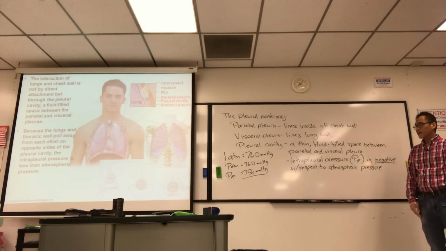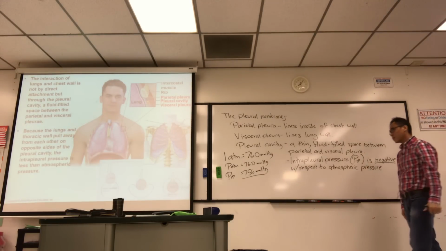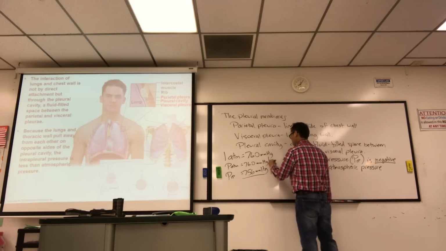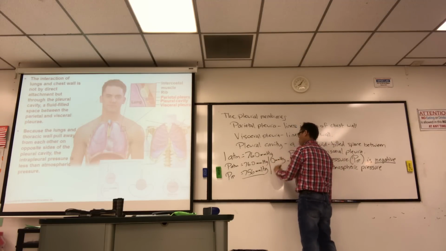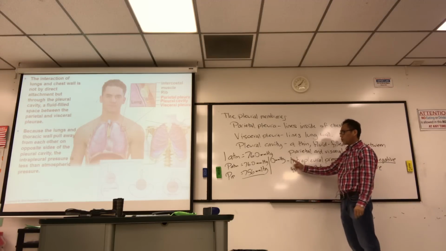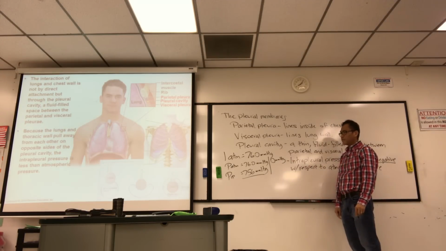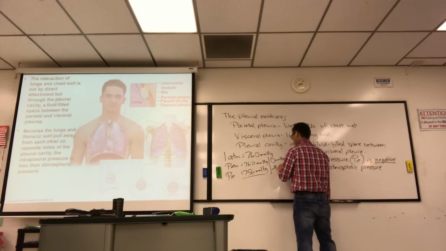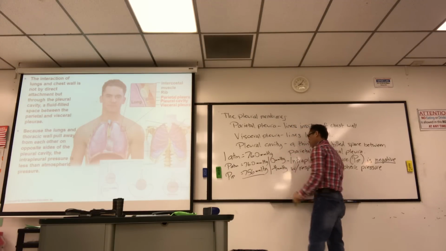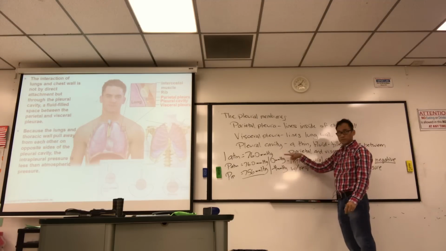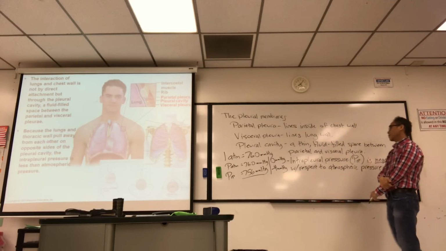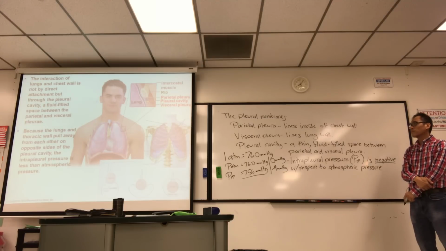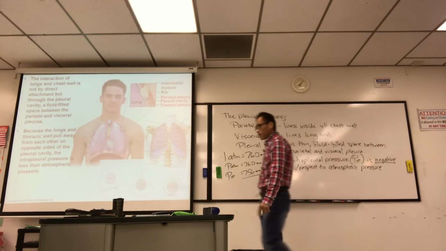Sometimes we just set the baseline at 0, 0 being the pressure of the atmosphere. If I'm saying pressure of the atmosphere is 0, then what's PIP? Negative 4. It's 4 less, right? So any questions on the numbers? Okay. We'll move on.